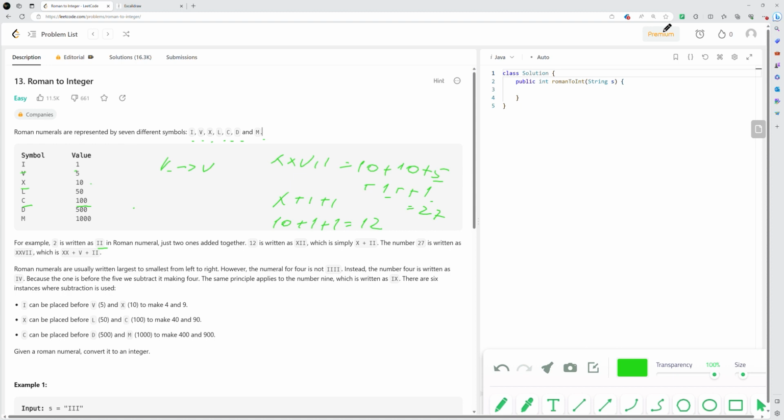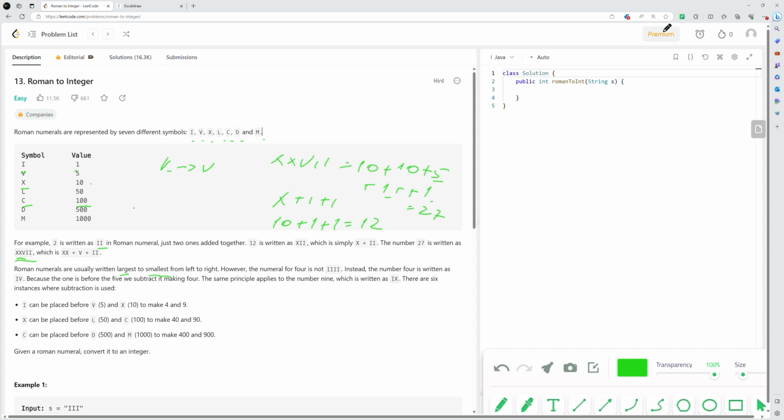Now, Roman numerals are usually written largest to smallest from left to right. As you can see here, for example, X has the highest value, so it's put as the first character, and then as we move left to right, the symbols' values start to decrease.